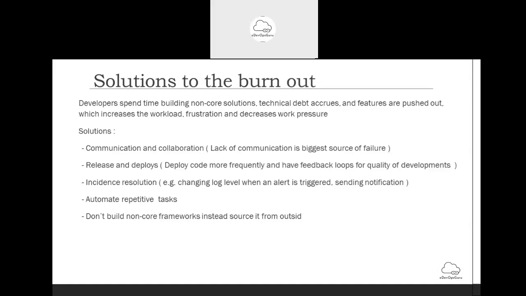So this helps in delivering the fix faster. So communication and collaboration is the biggest thing, so that if you have proper communication and collaboration, we can reduce burnout for a developer.